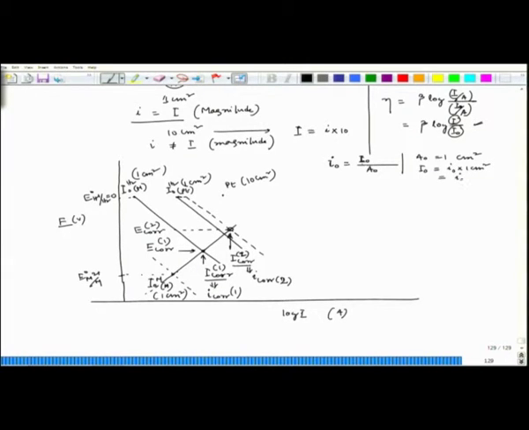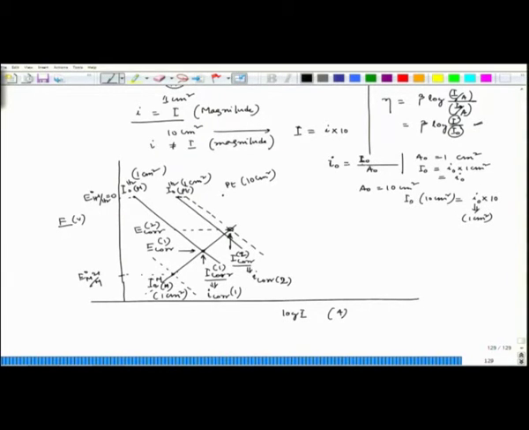But if A0 equals 10 centimeter square, then I0 on 10 centimeter square would be i0 into 10 centimeter square, and this i0 is on 1 centimeter square area.